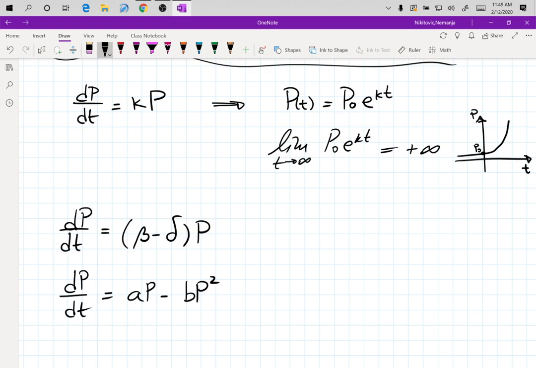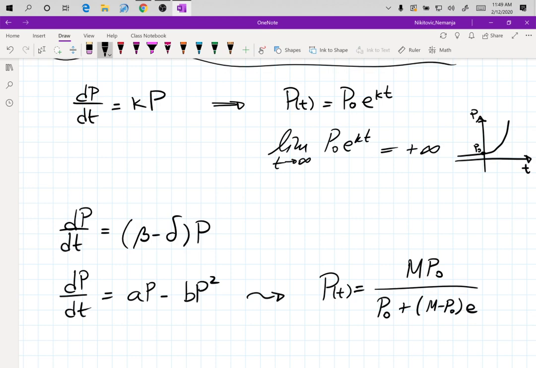Which eventually led into the logistic equation problem, where we had P0 divided by P0 plus M minus P0 e to the kMt.